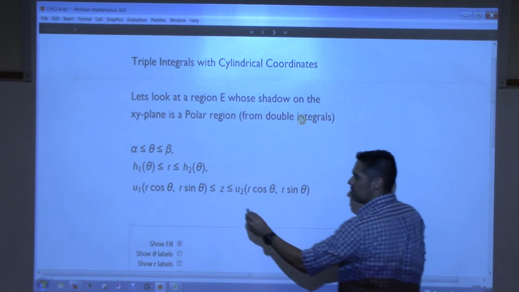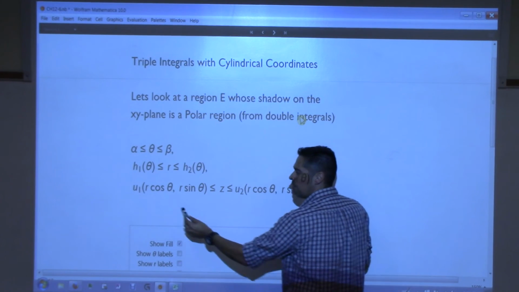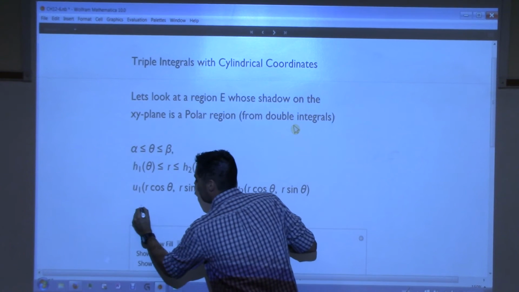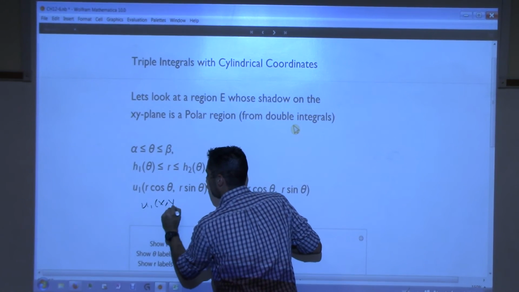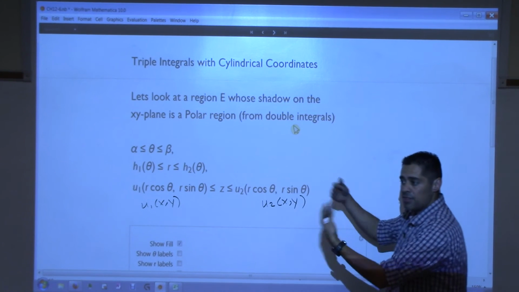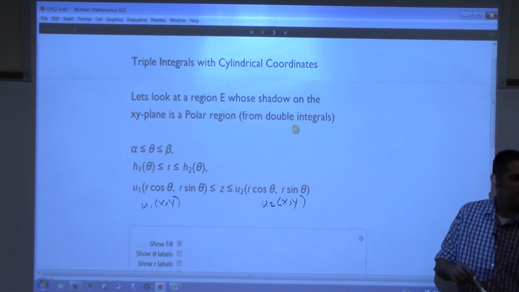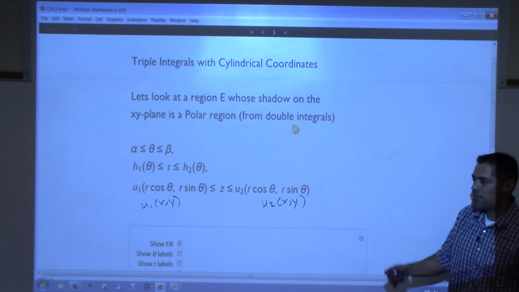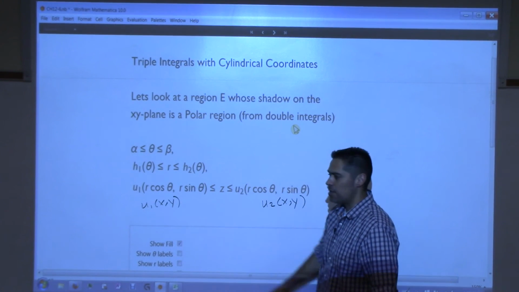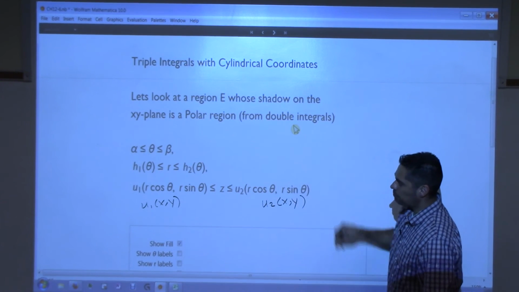That's the big change. Z has to be stuck between two surfaces. So last time we were writing u1 of xy, u2 of xy, right? Previous section. But because we're going to cylindrical coordinates, we have to make a polar conversion. Our x becomes r cosine theta, our y becomes r sine theta. Same over here.